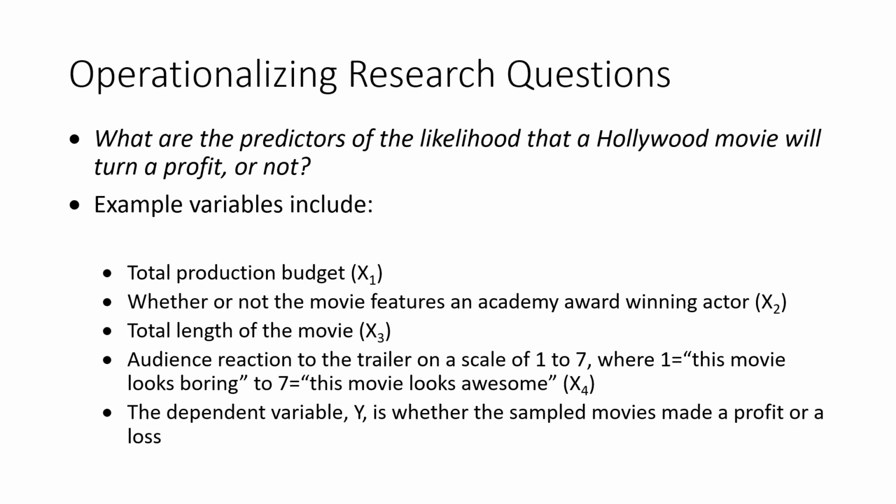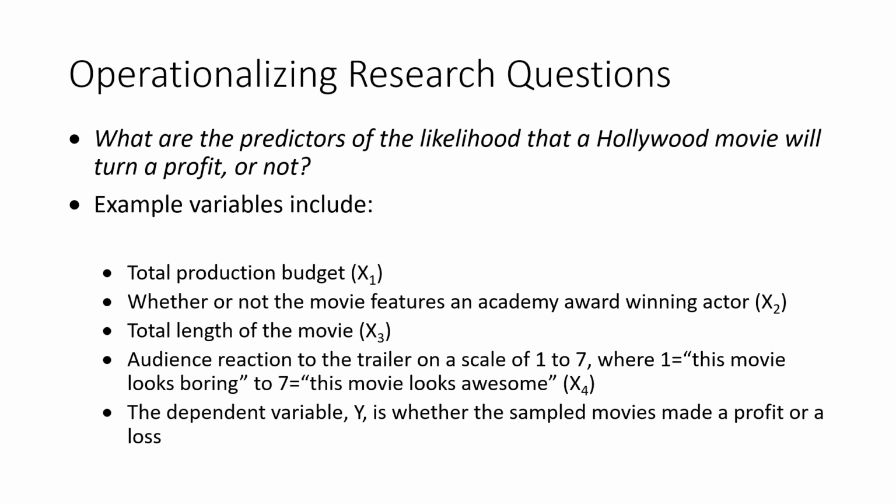So what are some potential predictors that you could posit that might predict this outcome? I've given you an example of 4 possible predictors here. We have number 1, the total production budget, right? So perhaps a bigger budget might be generally associated with greater success in terms of profit.